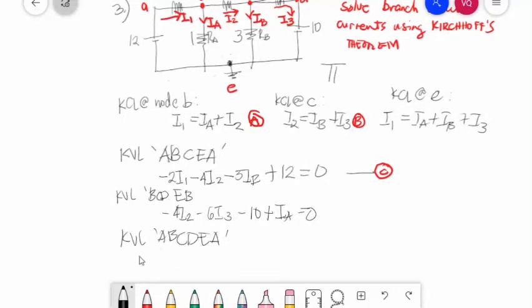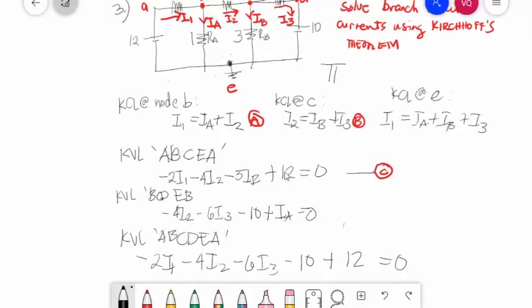So, negative 2I1 minus 4I2 minus 6I3, then minus 10 plus 12 is equal to 0.